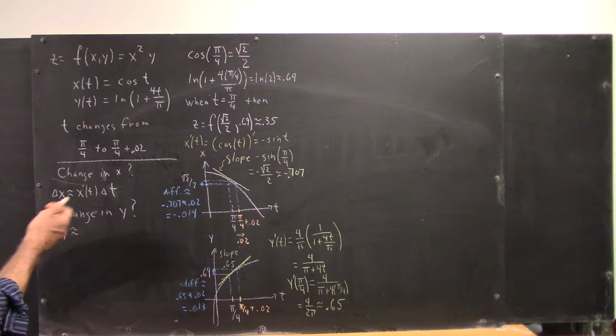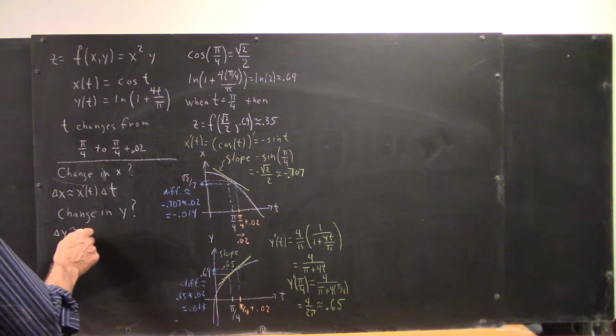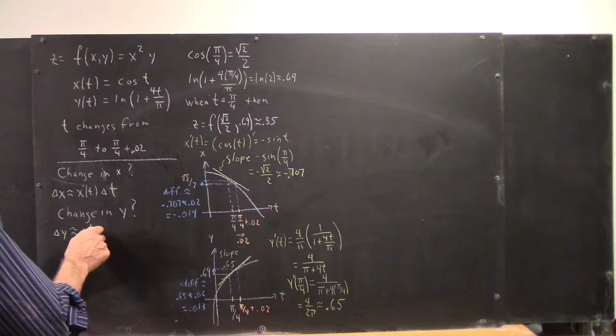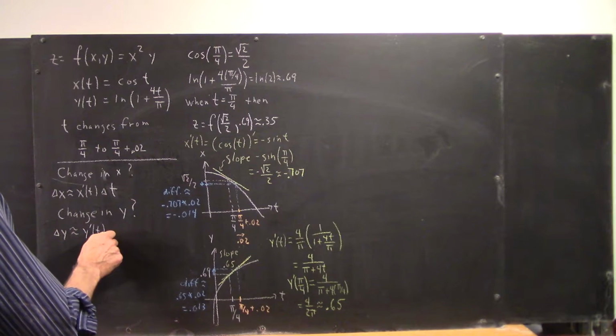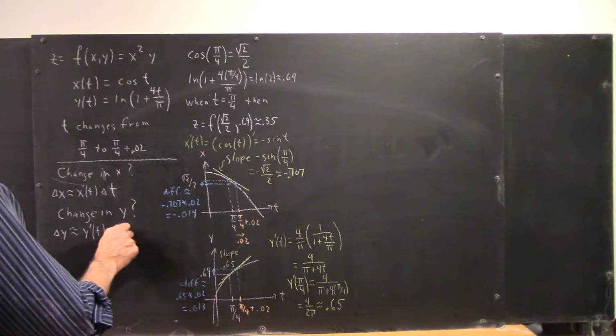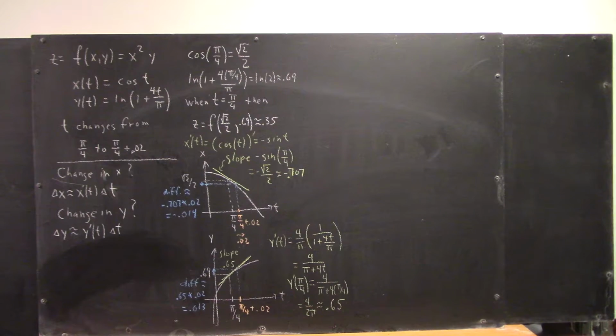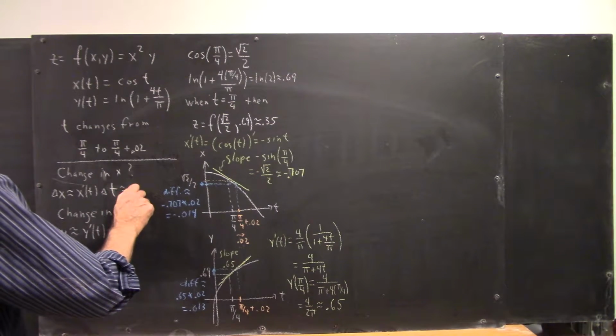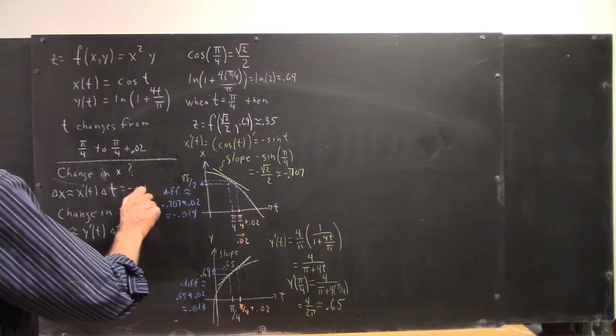Well, we calculate our delta y then, and what was our calculation? It constituted y prime of t times delta t. Okay. And, you know, you see the numbers down here. This one came out approximately negative 0.014.